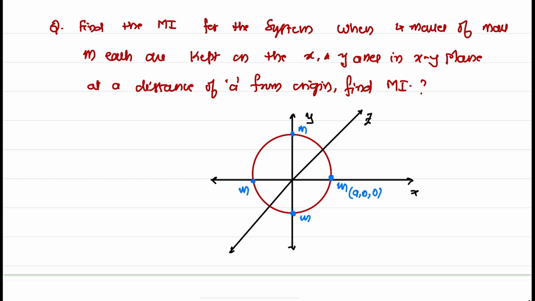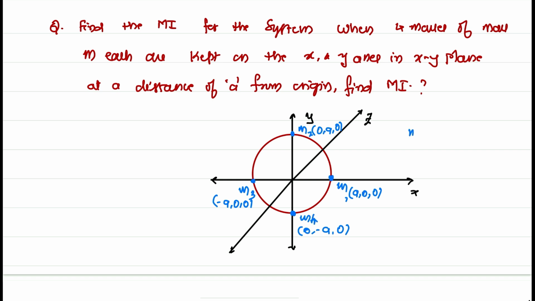And another point here, the coordinates are 0, minus a, 0. Here for this m, coordinates are minus a, 0, 0. For this, the coordinates are 0, a, 0, because this is the meaning of the question given. This is, let us say, m1, this is m2, this is m3, m4.